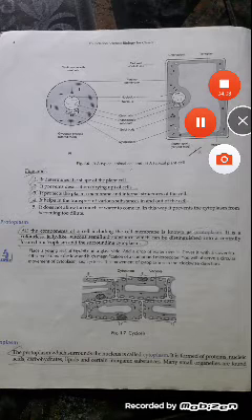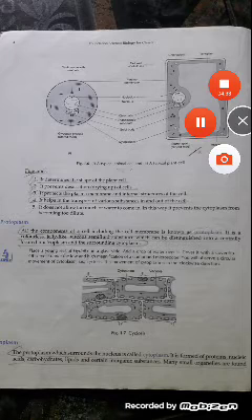We can perform an activity on this topic, protoplasm. Let us place a young leaf of Hydrilla plant on a glass slide. Add a drop of water over it. Cover it with a cover slip.